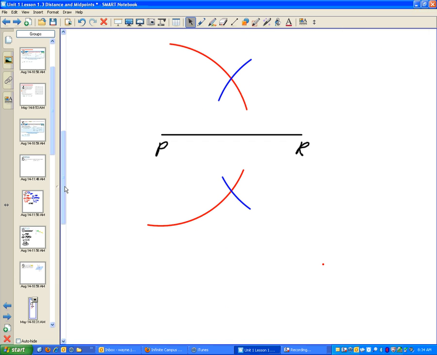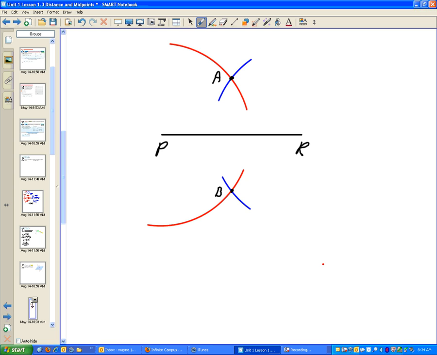Now, using your straight edge, we're going to make a segment that goes, well, in fact, I'm going to label this the intersection of the two arcs above the segment. I'm going to call A the intersection of the two arcs below the segment. I'm going to call B. Use your straight edge and construct line AB or segment AB.